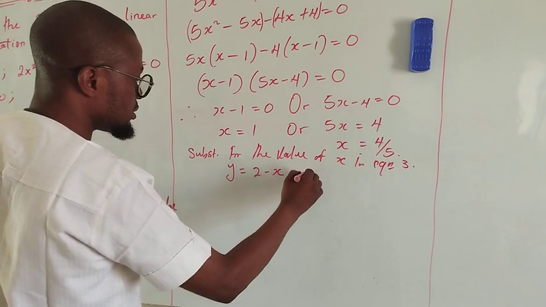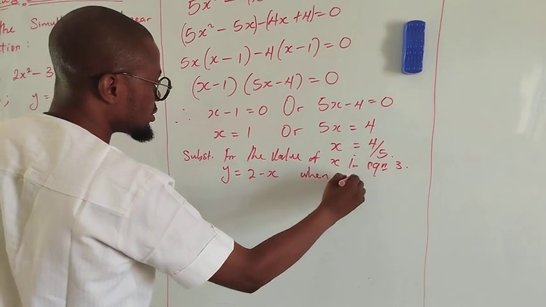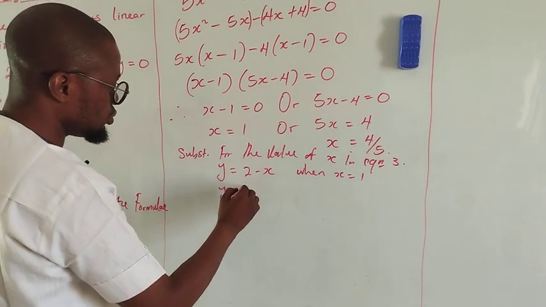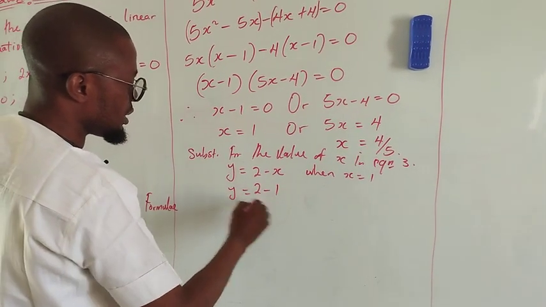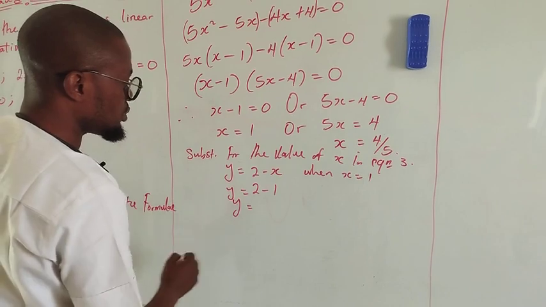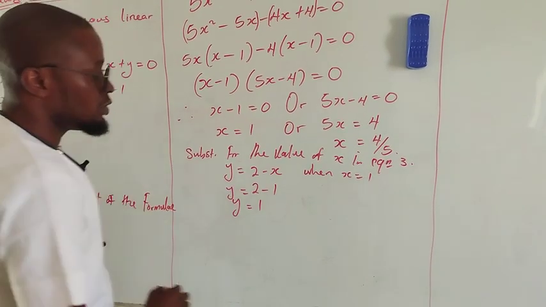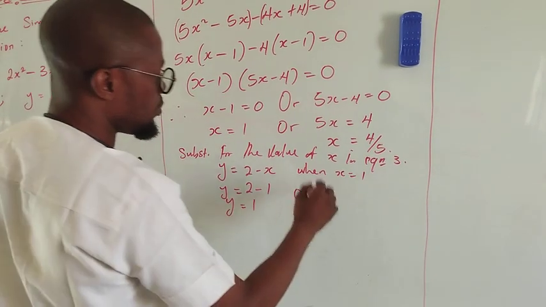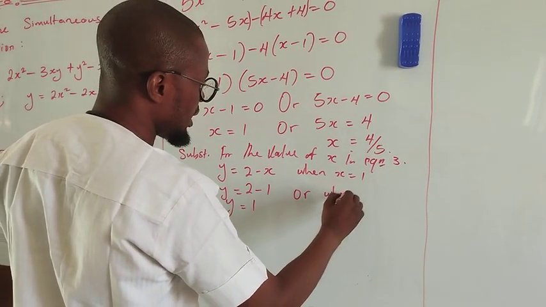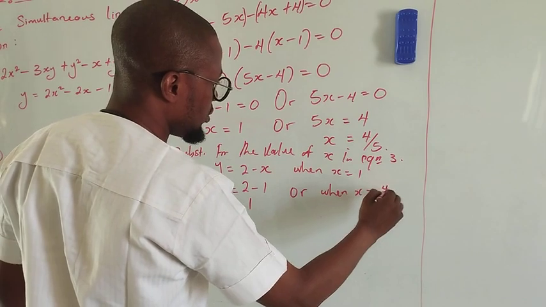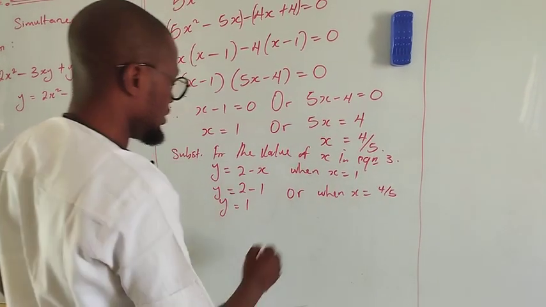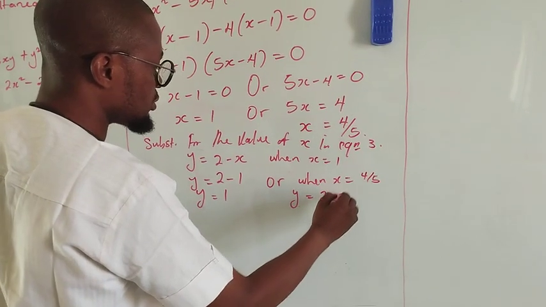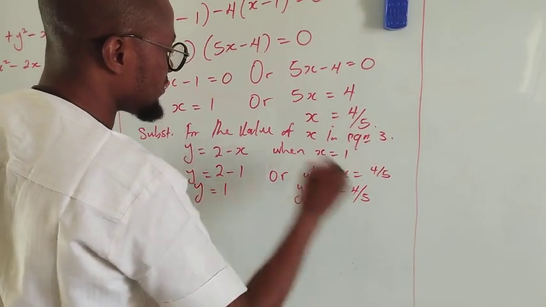When x is equal to 1, y is going to be equal to 2 minus 1, and therefore y is going to be equal to 1. Or, when x is equal to 4 divided by 5, y will be equal to 2 minus 4 divided by 5.